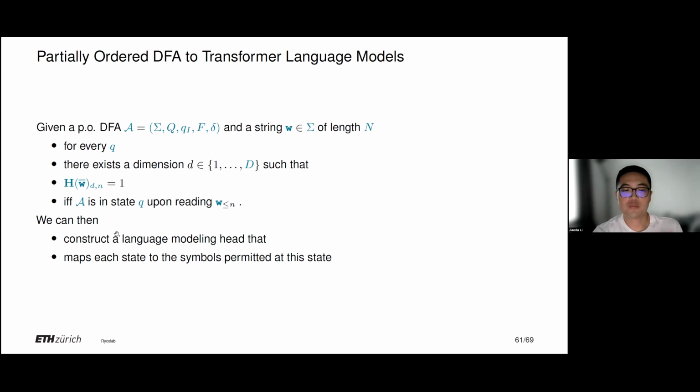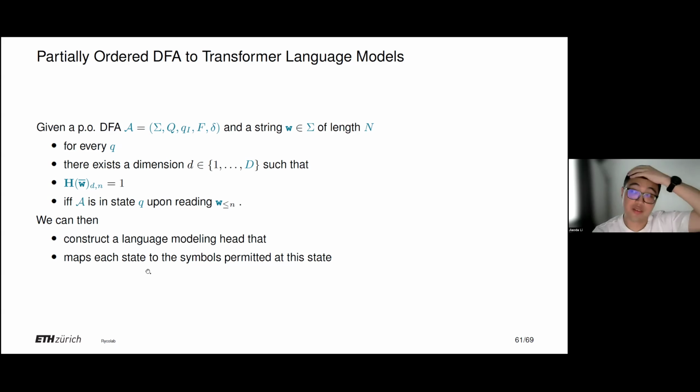So we can implement a language modeling head that maps each state to the symbols that are permitted at this state. Obviously we have some outgoing edges where certain symbols are permitted, and we will only allow these symbols to have non-negative-infinity values.